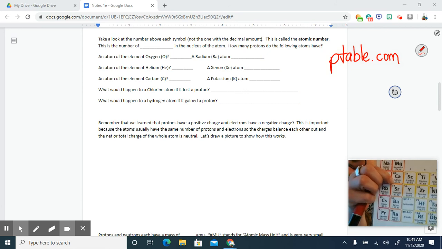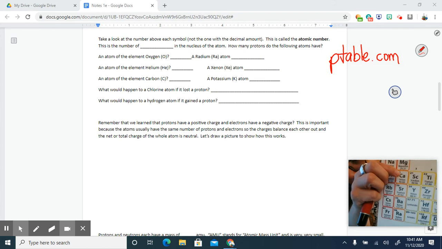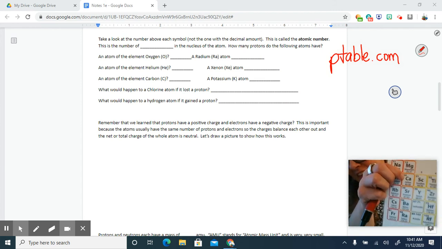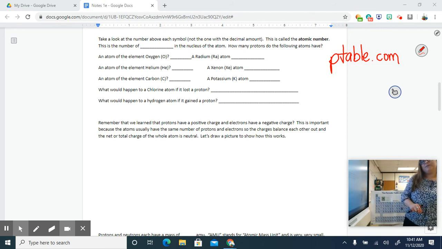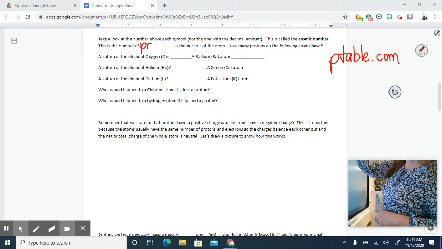The atomic number, this bold whole number up here at the top, is the number that tells you the number of protons in the nucleus of the atom. So all calcium atoms have 20 protons. And you know that that's the atomic number because it's the number that's not a decimal. It's the whole number.